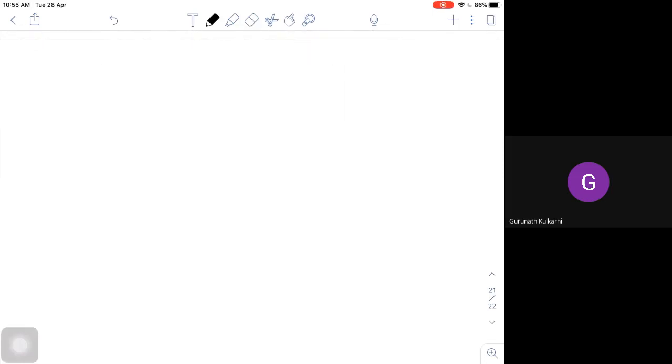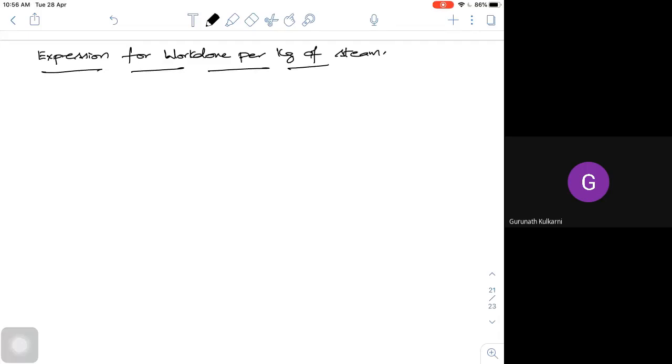Expression for work done per kg of steam. That means it is a specific work, W by m.